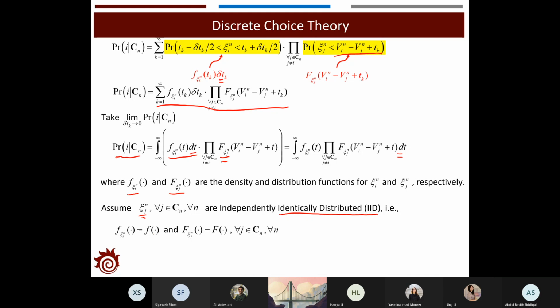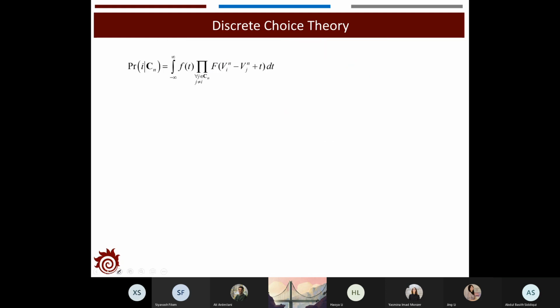With these identical features, the probability distribution function and the cumulative distribution function will be independent of the individuals and independent of the mode. So that's the assumption, and based on it, we can further simplify the expression for the probability of choosing the mode i.